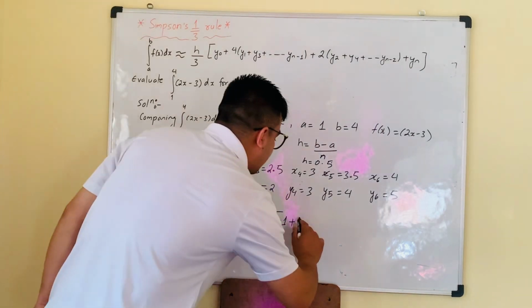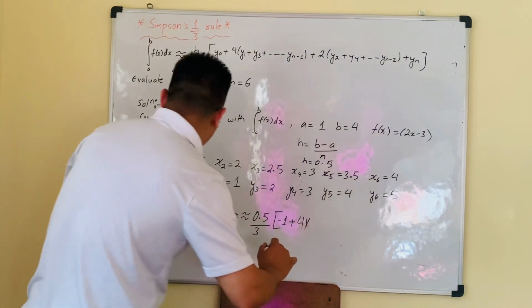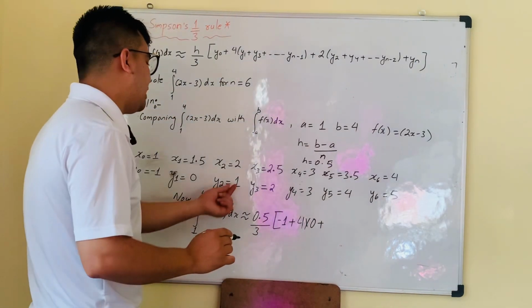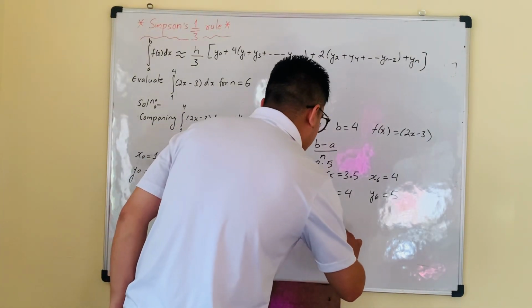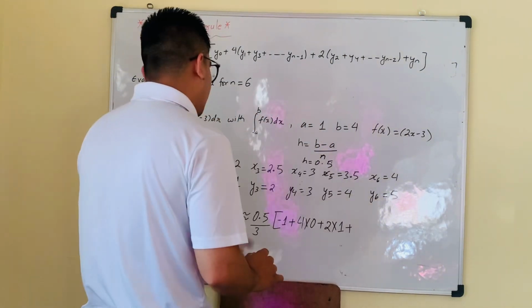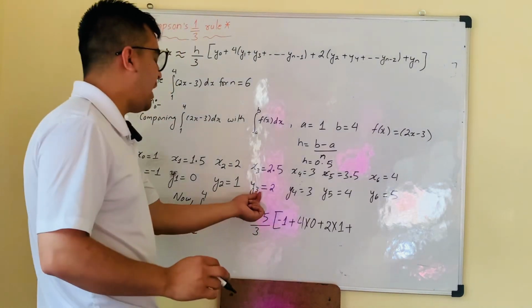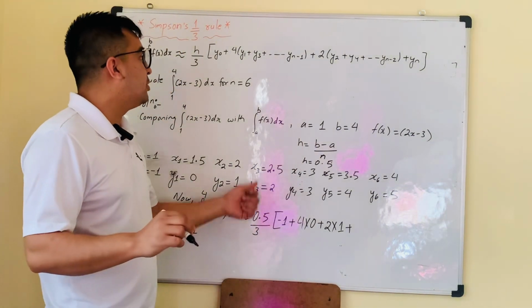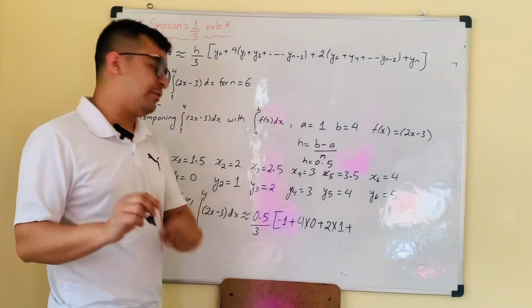For y1 we have to multiply by 4, so that is 4 into 0, plus for y2 we multiply by 2, so 2 into 1. For y3, you can see the suffix is an odd number, so it gets multiplied by 4.